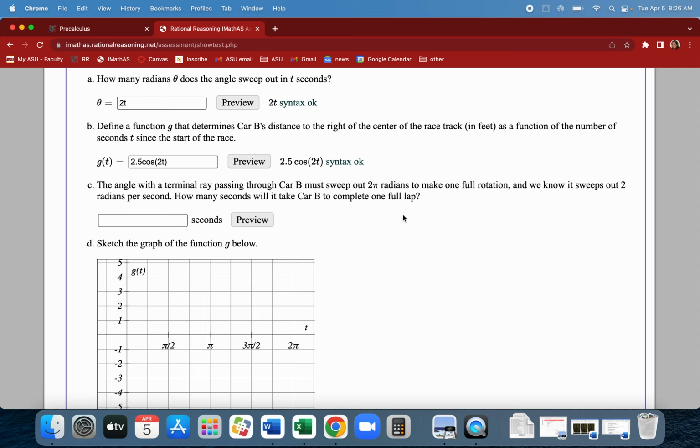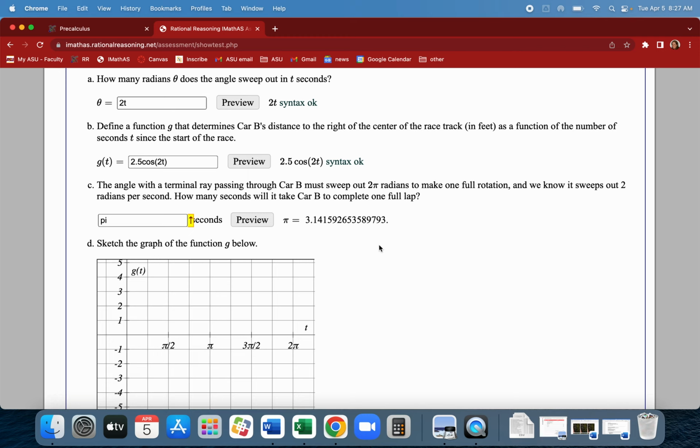Yeah, just pi, right? Because 2 pi radians is the angle. If I want to know how many seconds that is, oh, it's part A. Theta is 2t. If theta is 2 pi, what's t? Oh, 2 pi divided by 2. So it'd be pi seconds, or about 3.14 seconds to go all the way around.